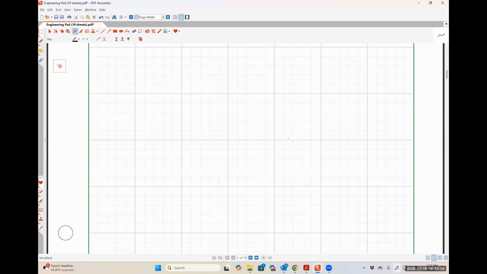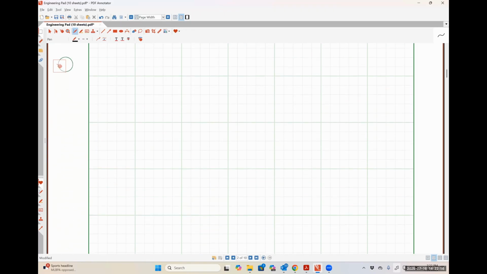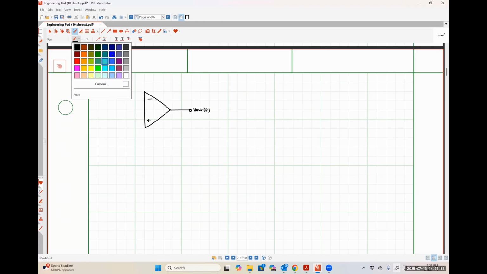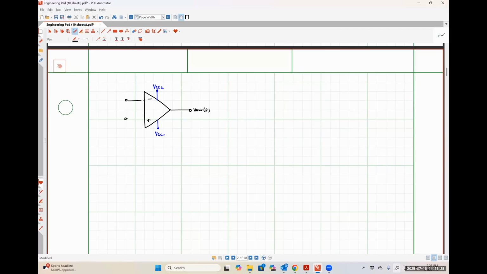So the last case is going to be the negative feedback configuration. And that's going to look something like this. When we had positive feedback, we had our output signal fed back from the output to the non-inverting input.